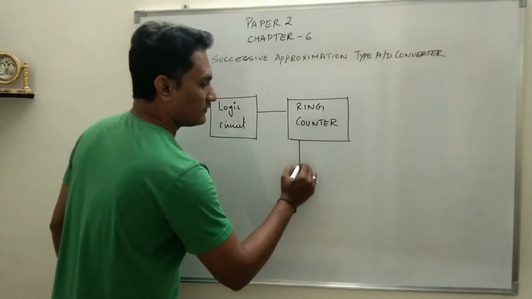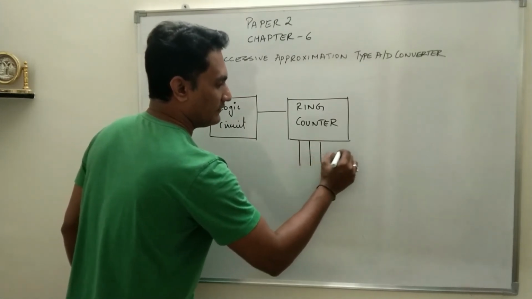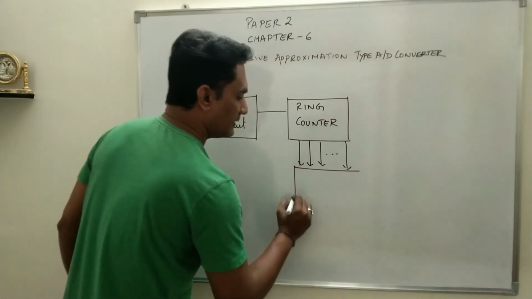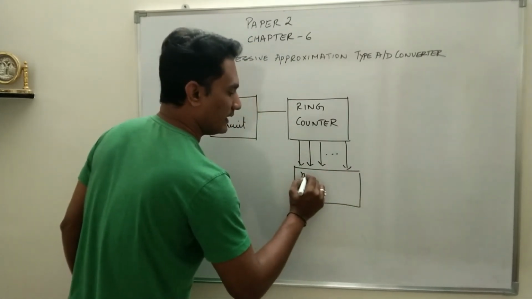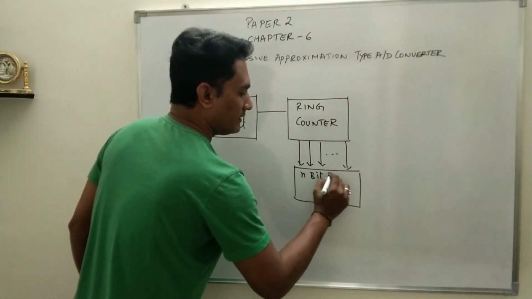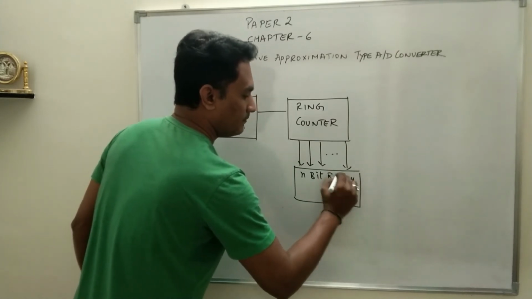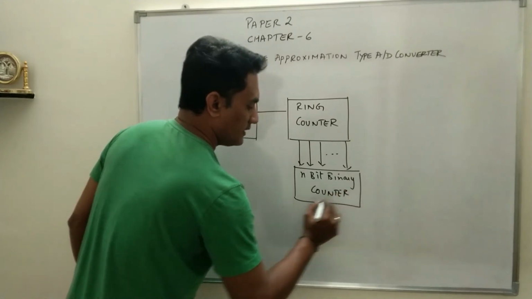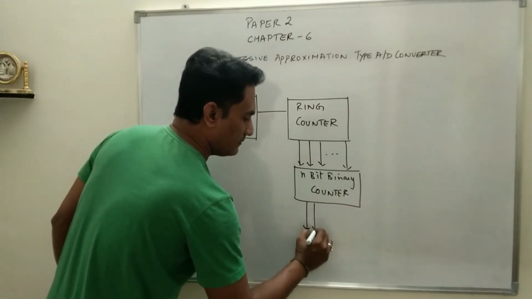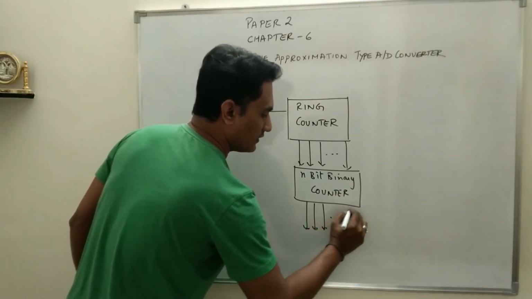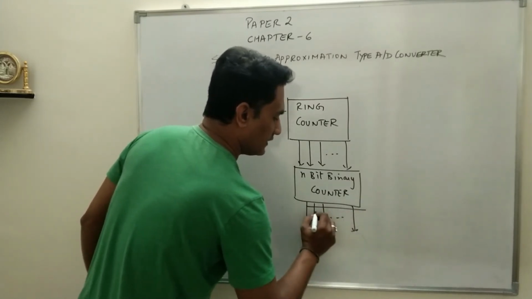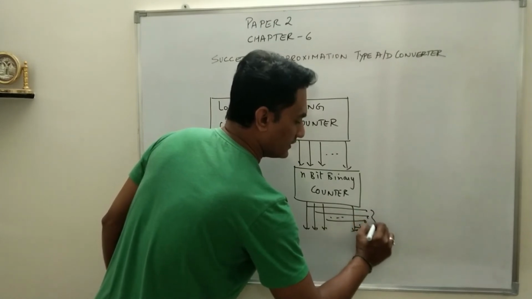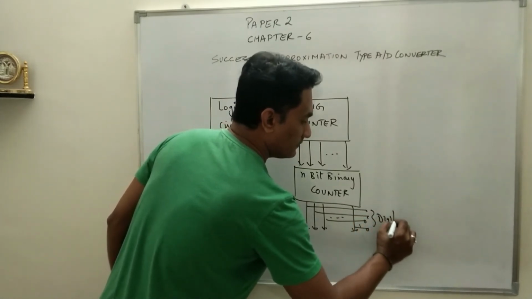And the output of this ring counter will drive the n-bit binary counter. The output of this n-bit binary counter will give you the digital output.